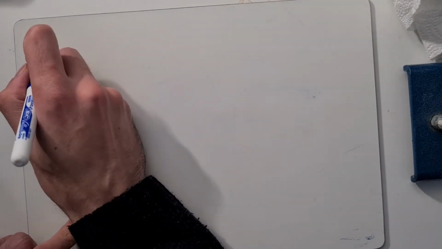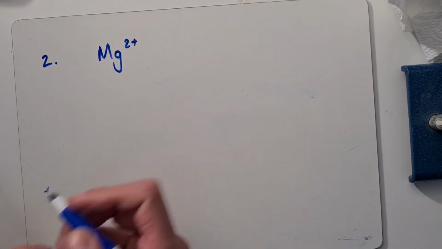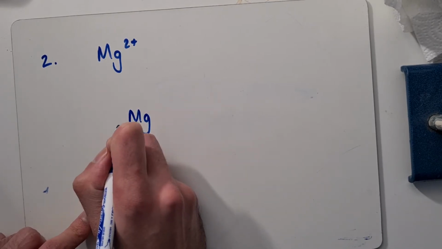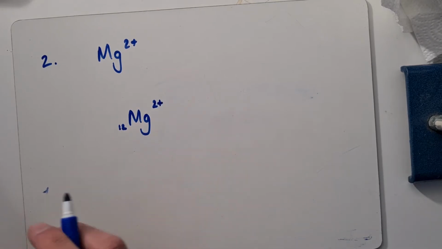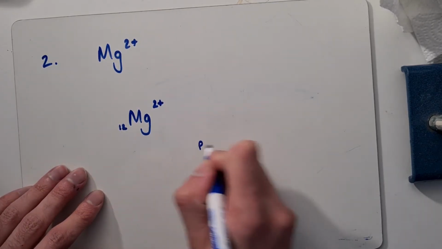In question 2, we've got magnesium 2 plus, and it asks how many electrons there are. Again, we look at the periodic table, and magnesium's atomic number, or number of protons, is 12. Overall, it's a 2 plus ion, so it must have 12 protons.